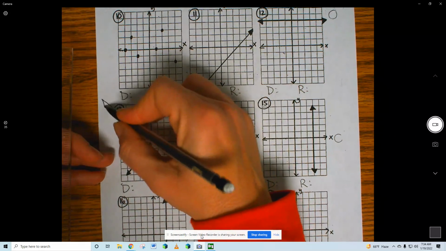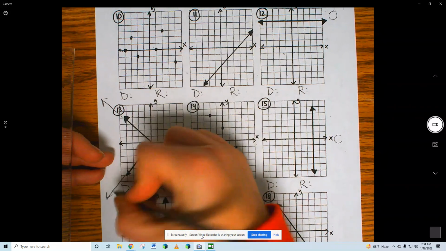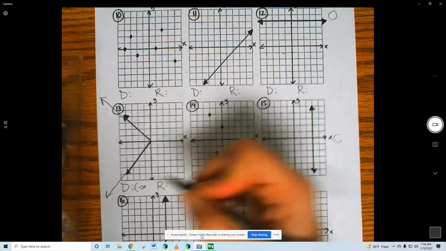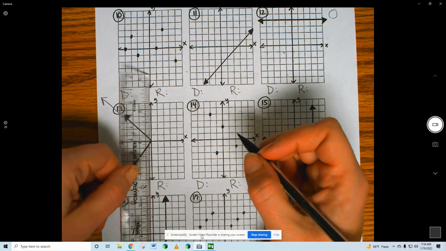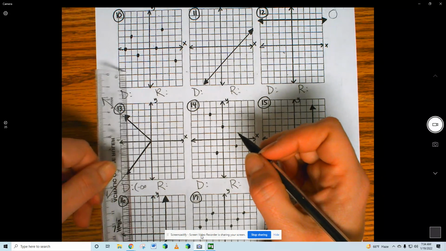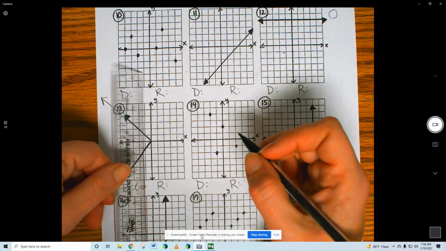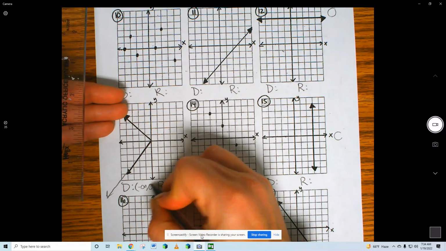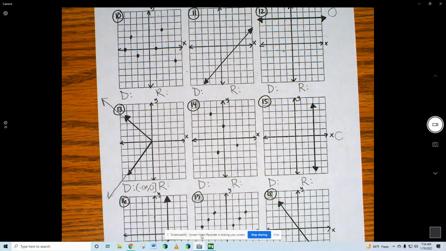What'd you say? Negative infinity. The lines go forever. Negative infinity. And where does it stop? -4, -3, -2, -1. It stops at 0. And it touches 0. That's a bracket after 0.